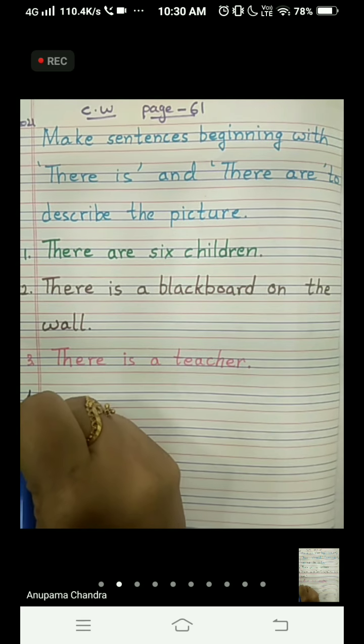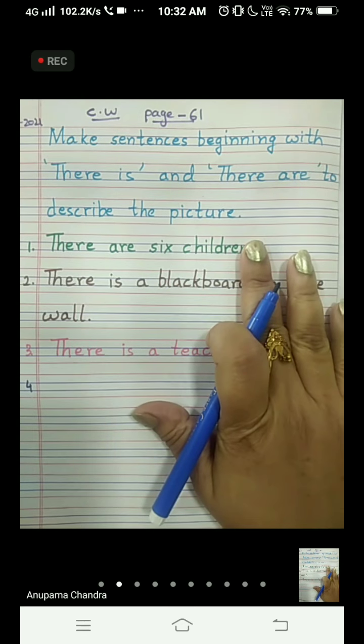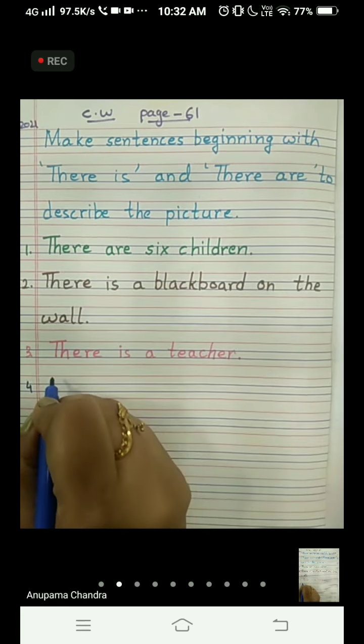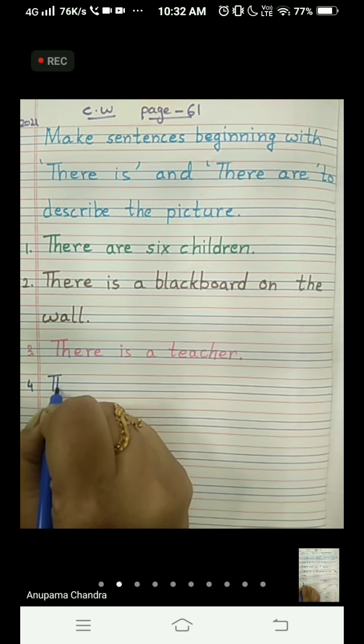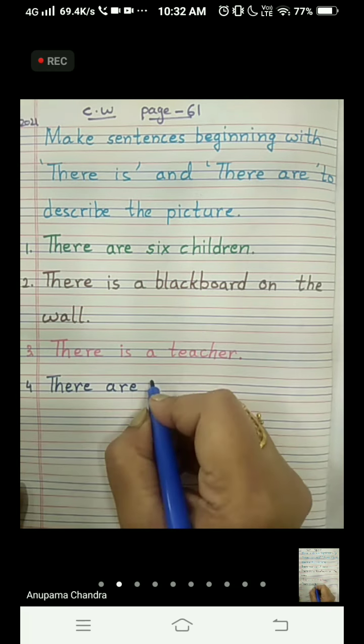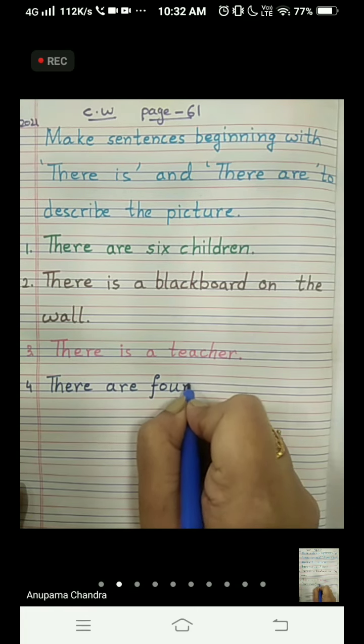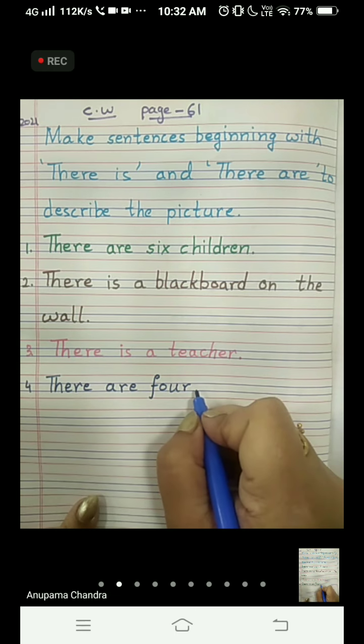Now, what can be our fourth sentence? And fourth one, we will write there are 4 windows.